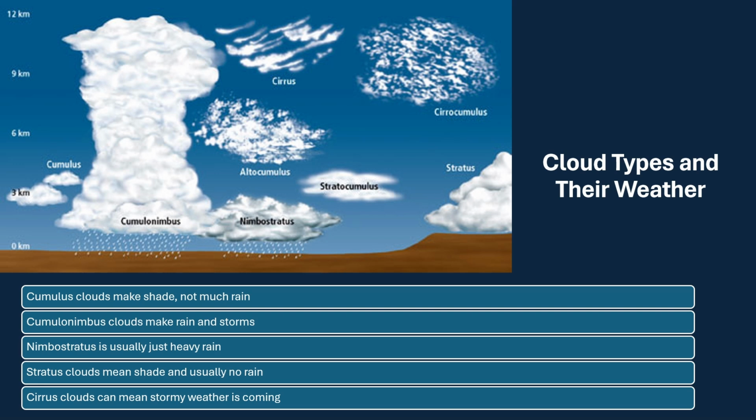And then all those cirrus clouds and cirrocumulus clouds, they can help you indicate that stormy weather is coming, especially if you see a kind of a rainbow in the sky when you look at cirrus clouds or cirrocumulus clouds at a certain angle.